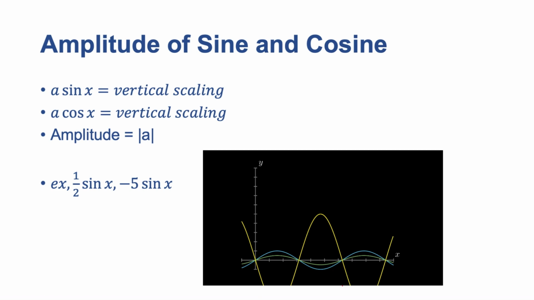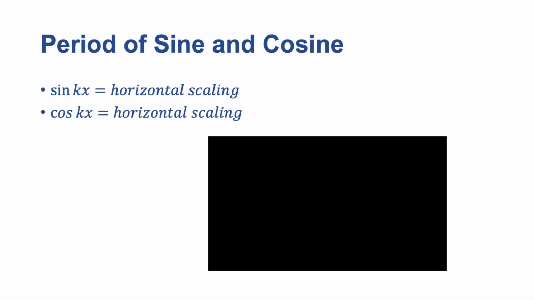Okay, so now let's talk about the period in more detail. The period is going to be dictated by another factor. So if I have sine of k times x, that is going to be my horizontal scaling, and this will be my period, and that lends itself to the cosine as well.